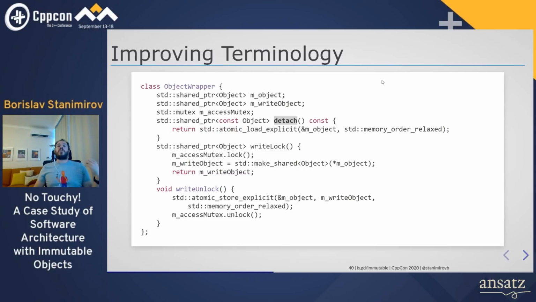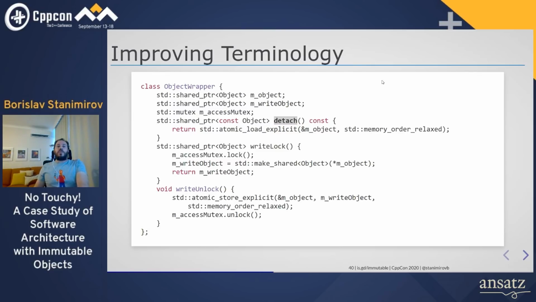So detach expresses this functionality much better. Detach means that when you get a detached version, that's not the object anymore. It's not a handle. It will always remain the same and immutable. If you make changes to the original object, your detached version will always remain the same.